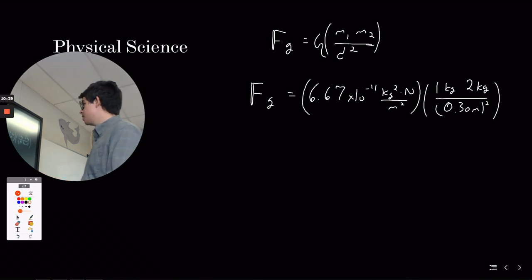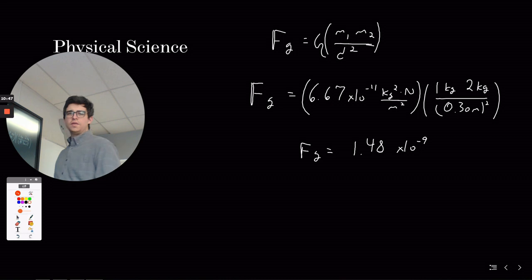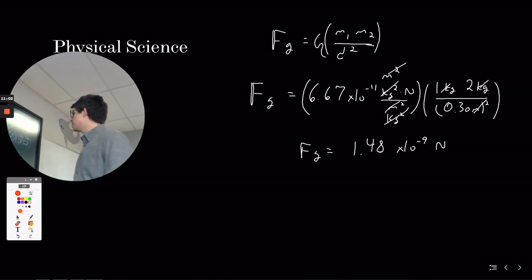The answer I come up with is F sub g equals 1.48 times 10 to the negative 9th. What's my unit? Well, kilograms drop out, meters drop out. I'm sorry, this should have been meters squared per kilogram squared. Please forgive me. Anyway, they do drop out, leaving me with newtons.